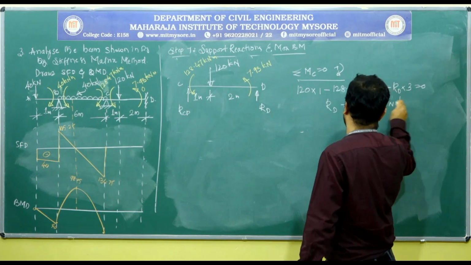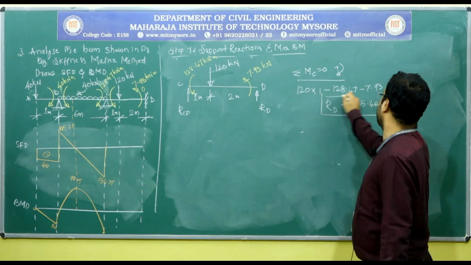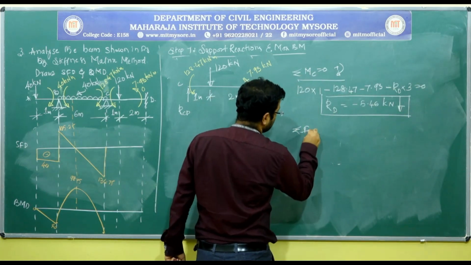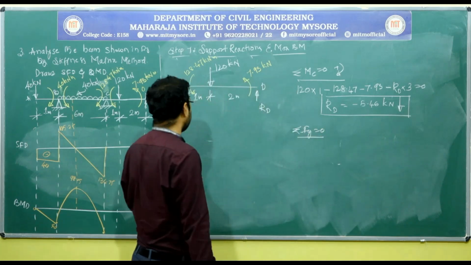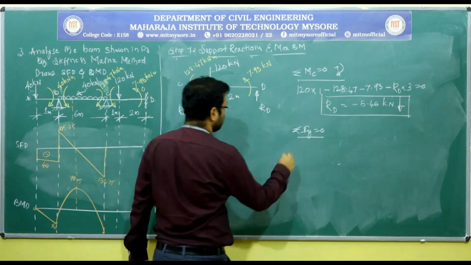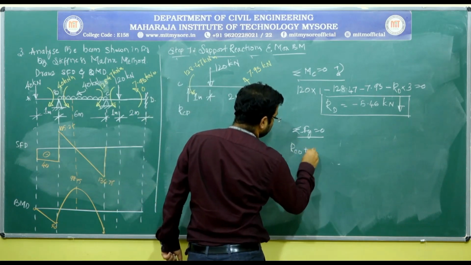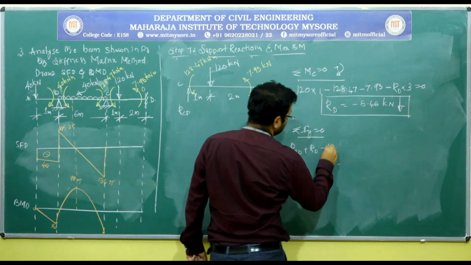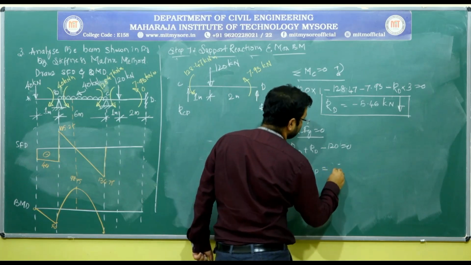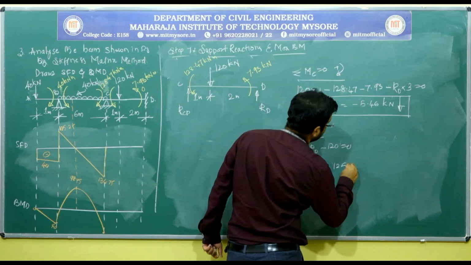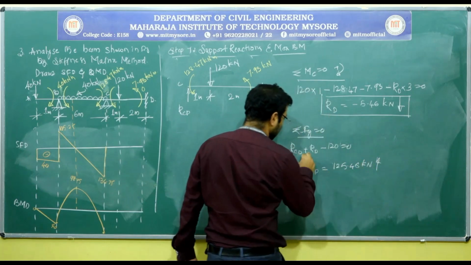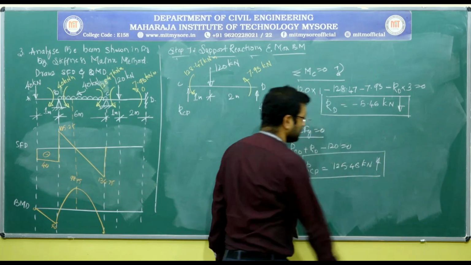It means it is acting vertically downwards, right. And if I impose the another equilibrium condition, sum of Fy, see RCD is acting vertically upward and RD is acting vertically downwards. So it is RCD plus RD minus of 120 equals to 0. We will get RCD as 125.46 kilonewtons, acting vertically upwards, right.